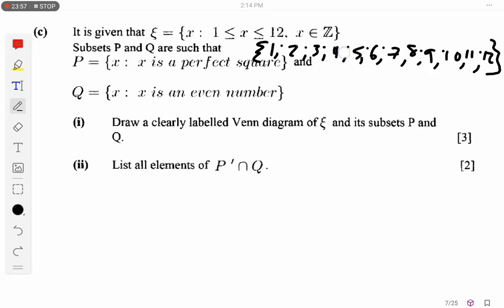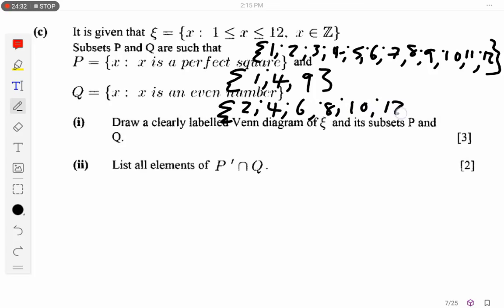Now, the second one, I'm given P as x is a perfect square between 1 and 12. So you find I've got 1, 4, 9. 1 is a perfect square, guys. Then Q, I've got x is an even number, again between 1 and 12. So I've got 2, 4, 6, 8, 10, and 12.